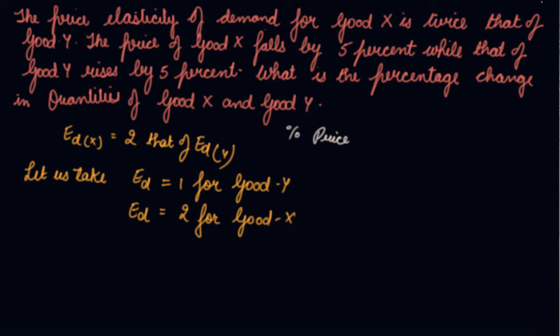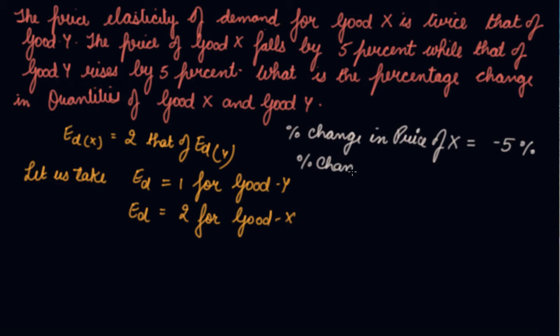So the percentage change in price of X is 5% as it has fallen. The percentage change in price of Y is 5% increased.